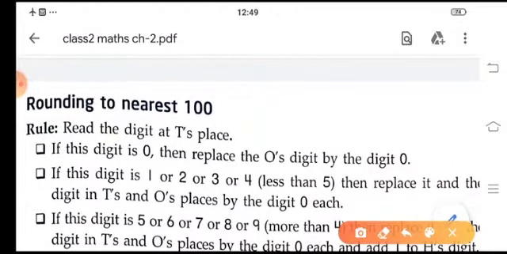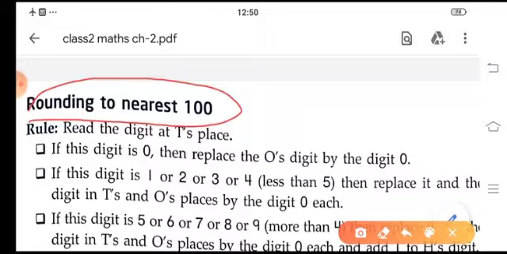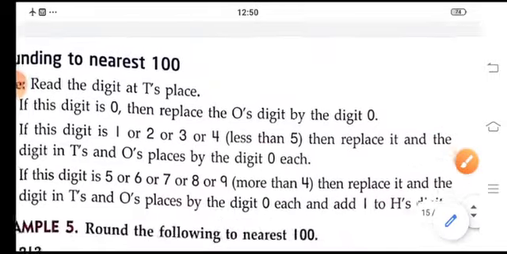Again, how do we do the rounding of numbers to the nearest 100? If the digit at the tens place is 1, 2, 3 or 4, less than 5, then replace it, and the digits in the tens and ones places by 0 each.